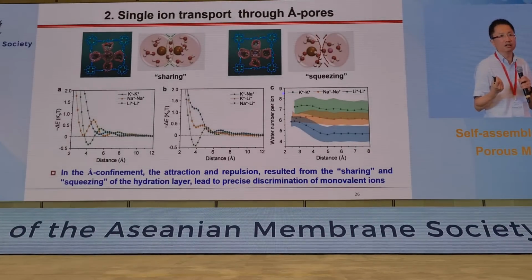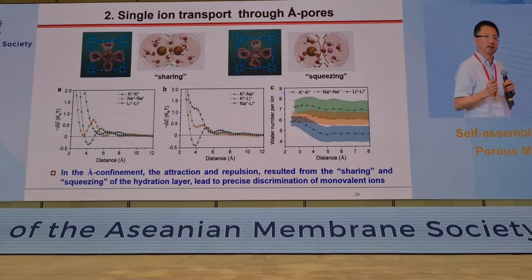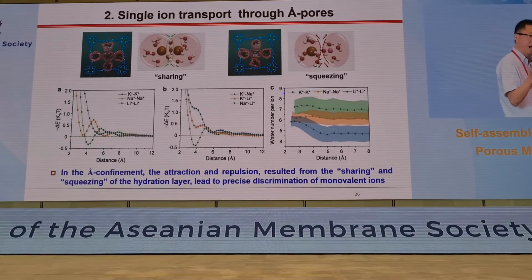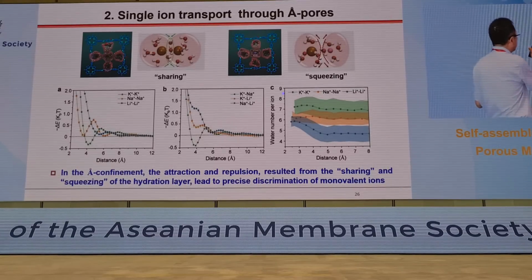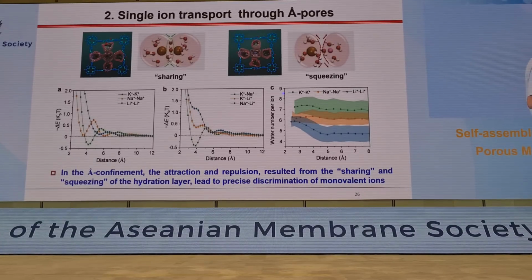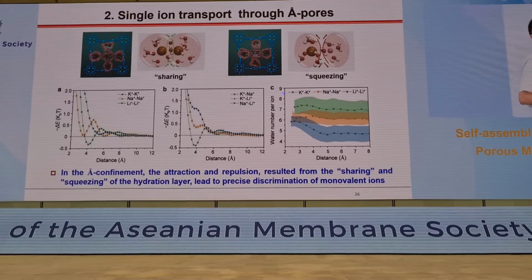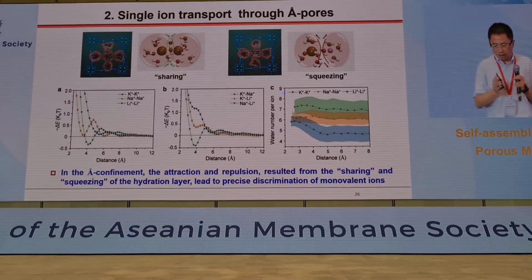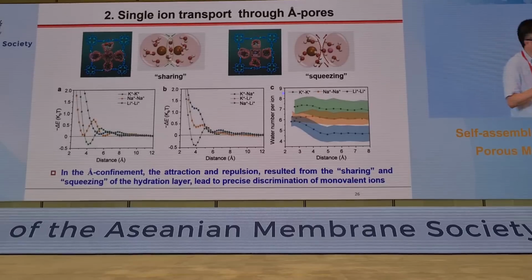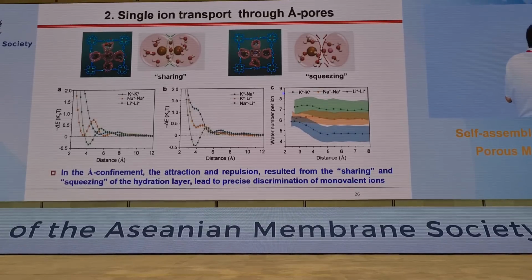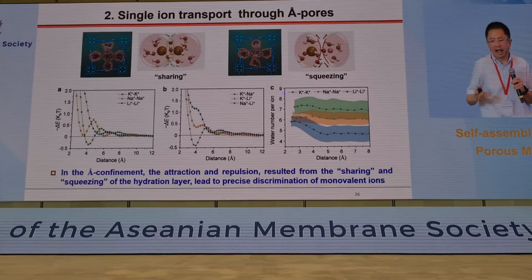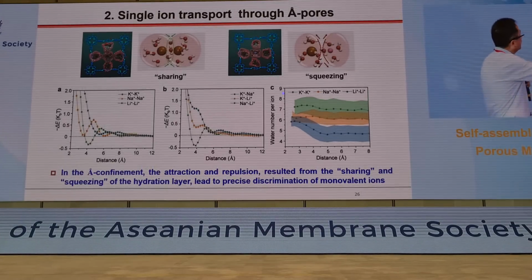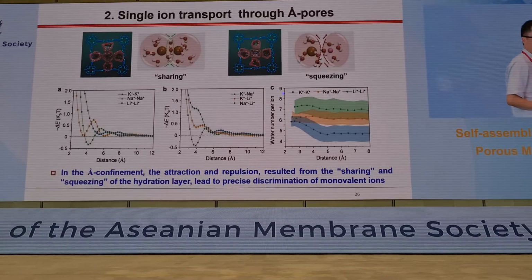So this is totally different from the conventional, classic textbook, because the textbook will tell you the ions with the same charge will repulse each other in the solution. Otherwise, here we show that when two potassium ions approach each other within the range of 4 to 6 angstrom, you actually observe the attraction force. Why? Because they can share the water layers.